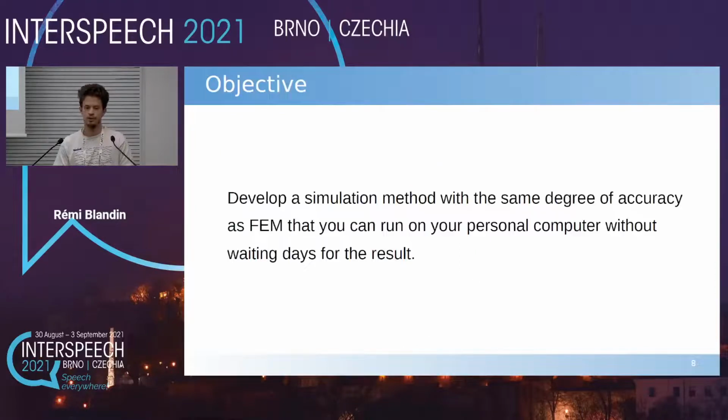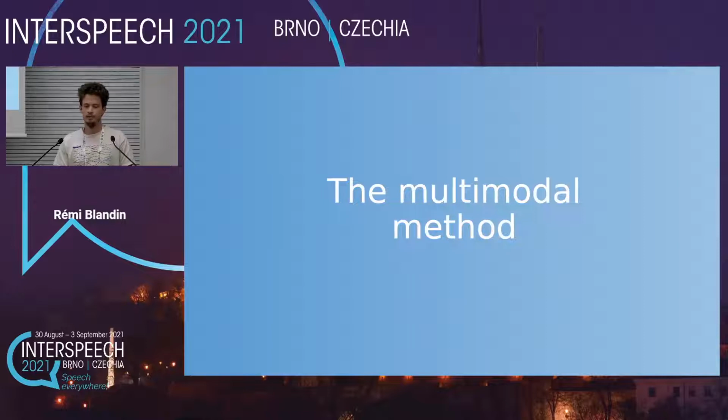So the aim of this work was to develop a simulation method which has the same degree of accuracy as finite element, but that you can run on your personal computer without waiting days for the result. So how did we do that? We relied on the multimodal method.